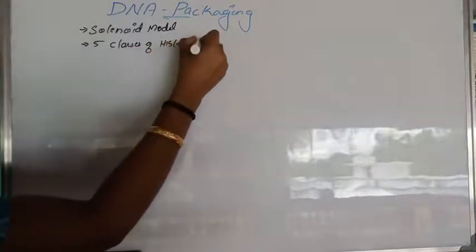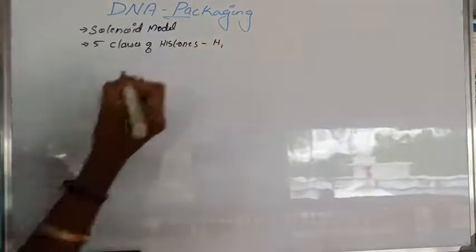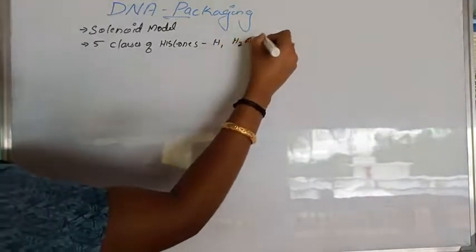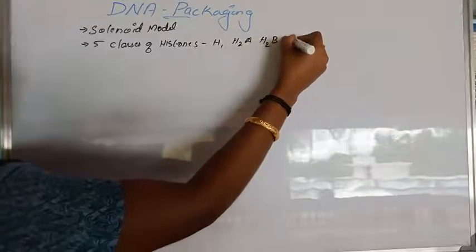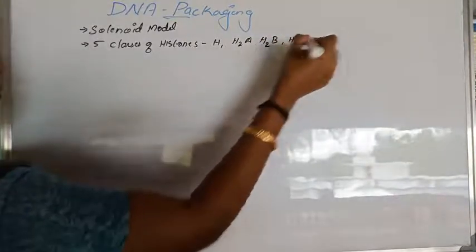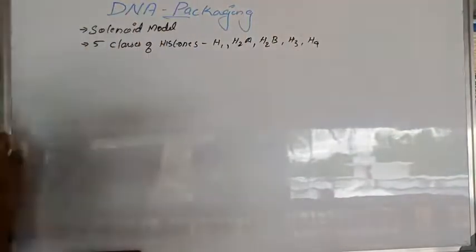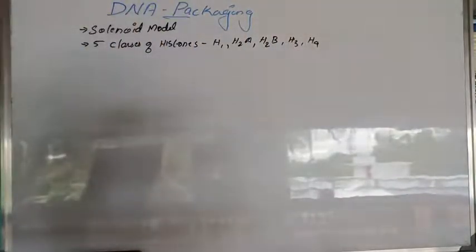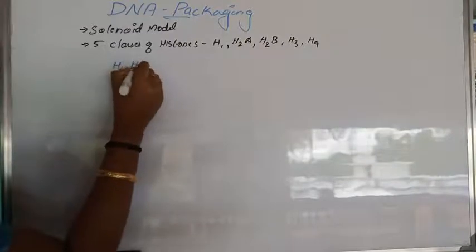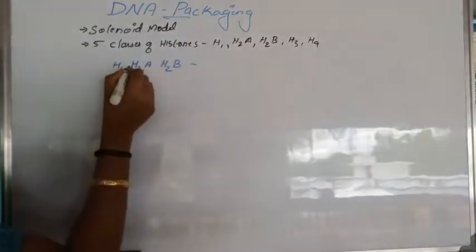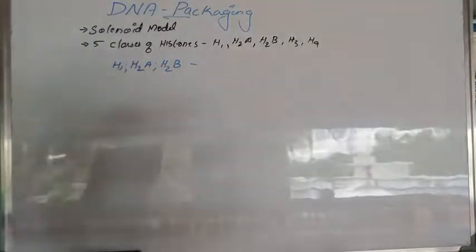That is H1, H2A, H2B, H3, and H4. These are the 5 classes of histones.